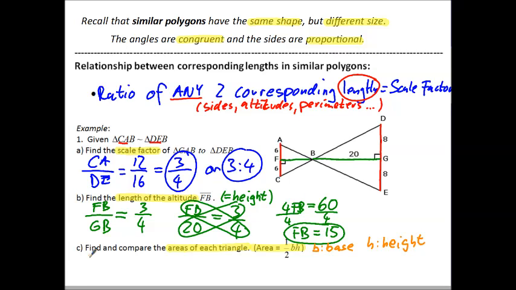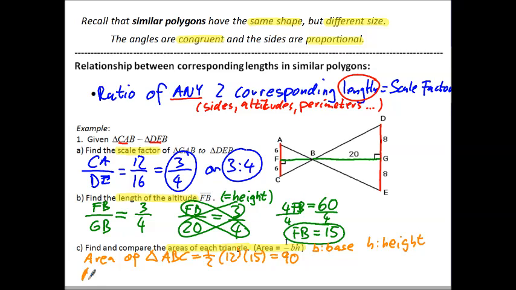Then the area of triangle ABC is equal to 1/2 times 12 times 15. 1/2 times 12 is 6, so 6 times 15 is going to be equal to 90.